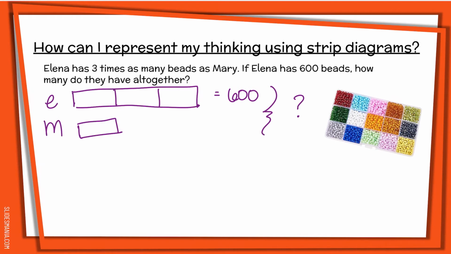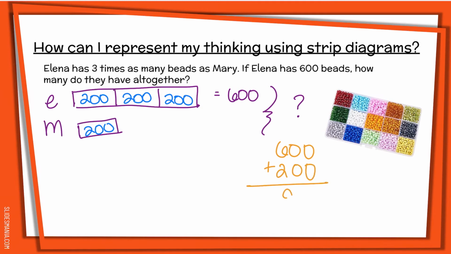Well, if Elena has 600 and we want to share that equally with her 3 tiles, each tile is 200. Which means Mary has 200. So altogether, they would have 600 plus 200, which gives you a value of 800 total beads.